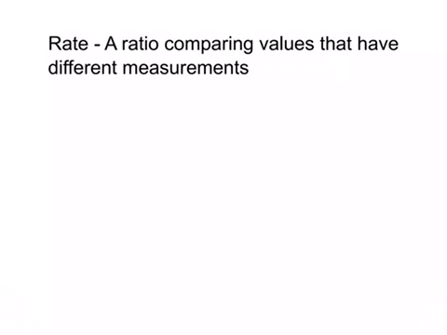Okay, so now that we've had a quick recap of ratios, let's talk more specifically about a type of ratio, which is called a rate. A rate compares values that have different measurements, okay? So things that are not necessarily measured in the same way. So we might talk, for instance, about the cost per amount of something that's purchased.